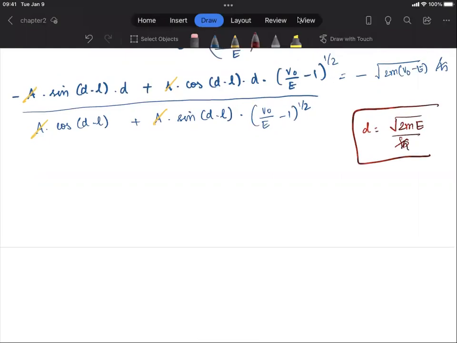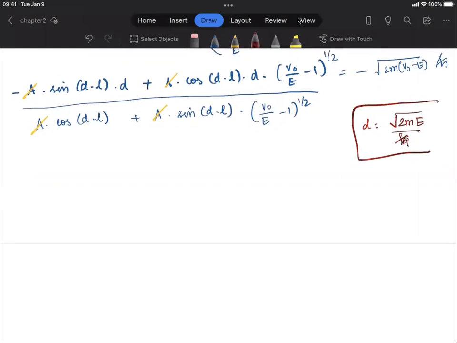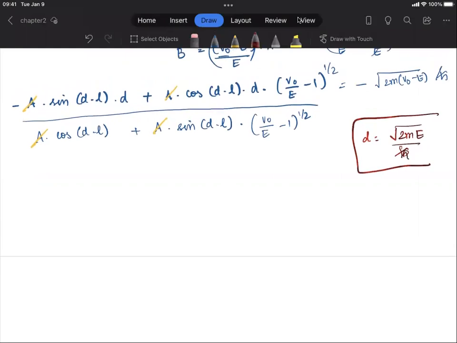Now, what I'm going to do is actually write this term right there to be under root 2m times this. I'm just splitting out things in the root.